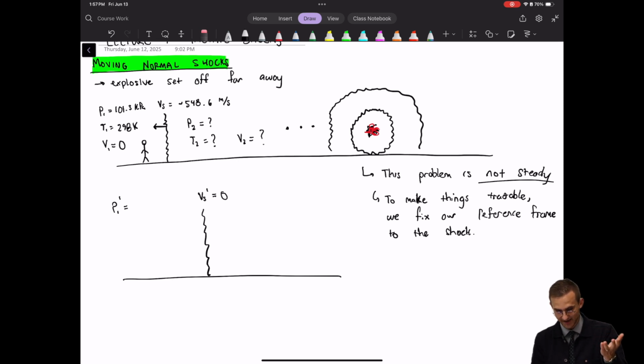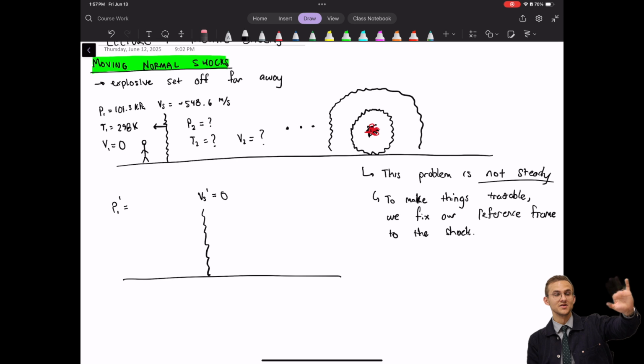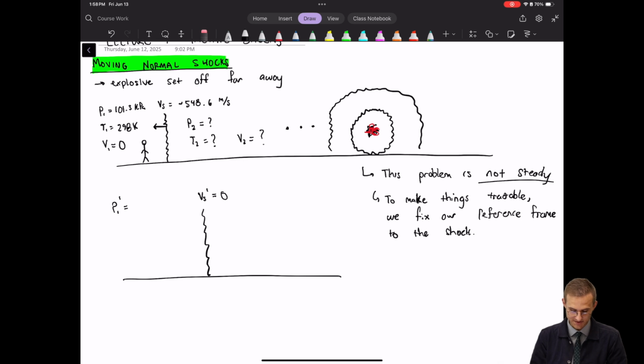The pressure of that gas doesn't change whether you're observing a container of gas from across the room and you see that the pressure reading is a certain amount. The pressure shouldn't change if you suddenly start moving, right? So the static pressure is the same. It's just 101.3 kilopascals. The static temperature is also the same. It's just 298 Kelvin.